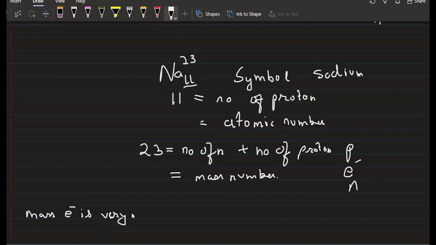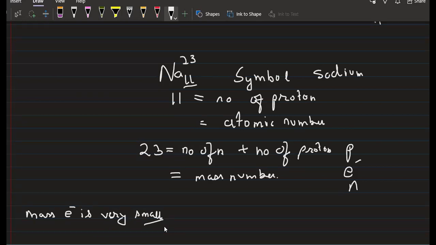Got it? Very small. And that's why I'm saying it is a mass number. Okay? Got it, everyone? So what is mass number? Tell me, what is mass number? Mass number is the number of protons plus the number of neutrons in any atom. Okay? Whereas the number of protons is called the atomic number.